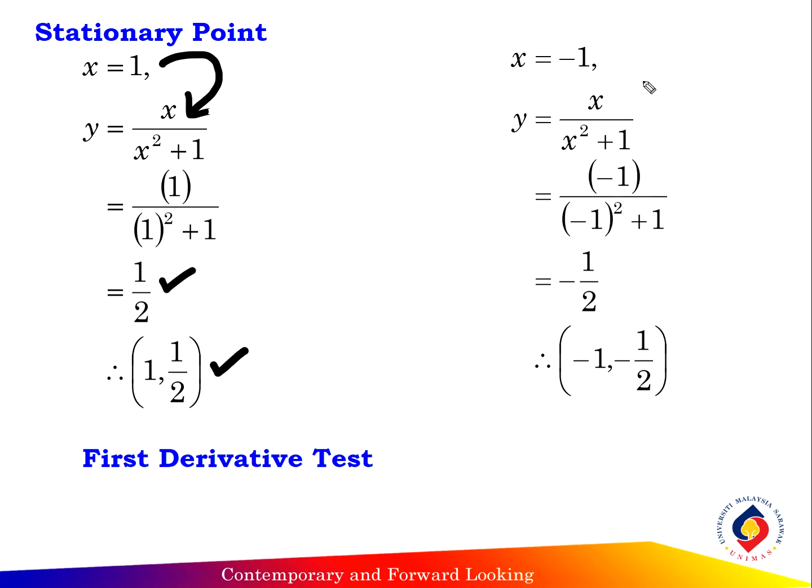Yeah, and the second point, negative 1, you substitute into the function, and the value of y here equals negative 1 over 2, and the second point is negative 1, negative 1 over 2. Yeah, and you find the relative extremum point using the first derivative test to determine the relative maximum or the relative minimum point.